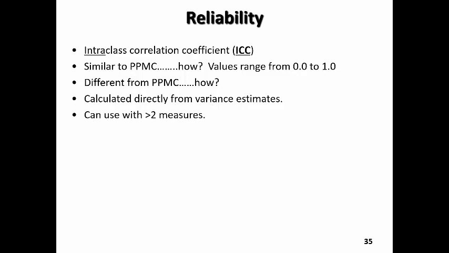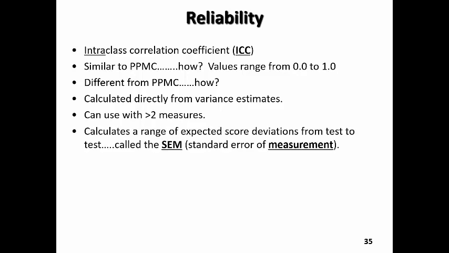The intra-class correlation can be used with more than two measurements as well, and the degree of test-to-test variability can also be calculated by what's called an SEM, or a standard error of measurement. In this lecture we won't go into the mathematics of this, but with an ICC we can get a coefficient that would indicate the degree of reliability, but also get a degree of expected day-to-day or test-to-test variability.